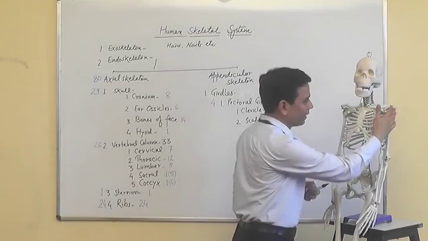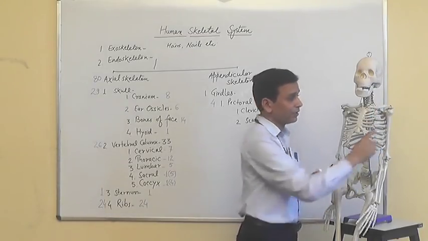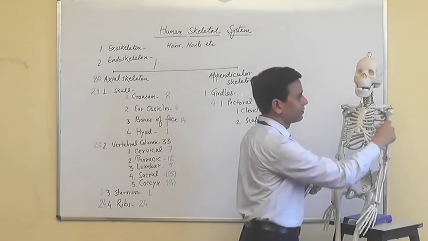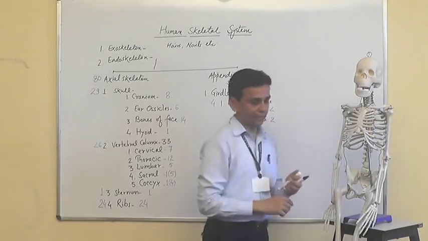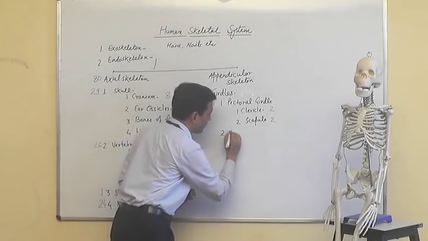Our pectoral girdle forms the glenoid cavity into which the head of humerus is articulated. Second girdle, that is pelvic girdle.